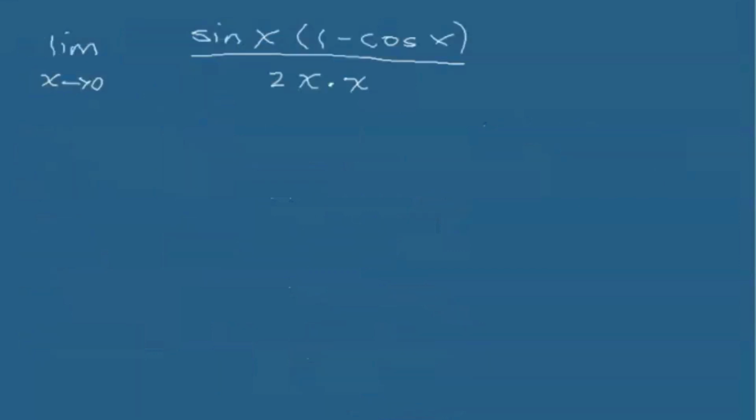Next, we have the limit of sine x times the quantity 1 minus cosine x, all over 2x times x, as x approaches 0. So from here, we can see that we can separate this from this by multiplication.